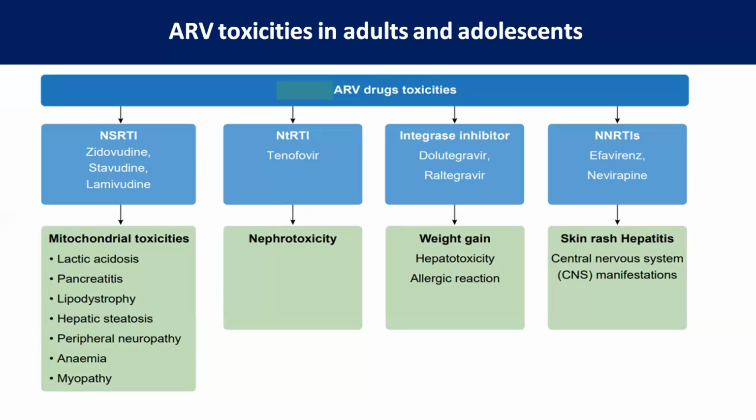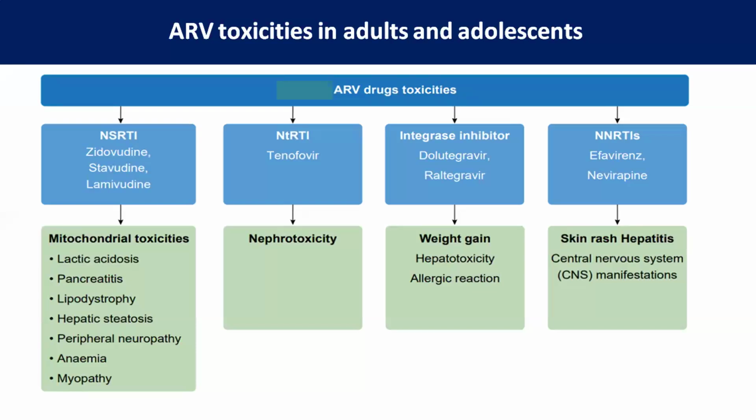Stavudine is already phased out in India, so we do not use stavudine nowadays. Among nucleotide reverse transcriptase inhibitors, that is NtRTI, the commonest drug used is tenofovir disoproxil fumarate, which can cause nephrotoxicity and bone toxicity.